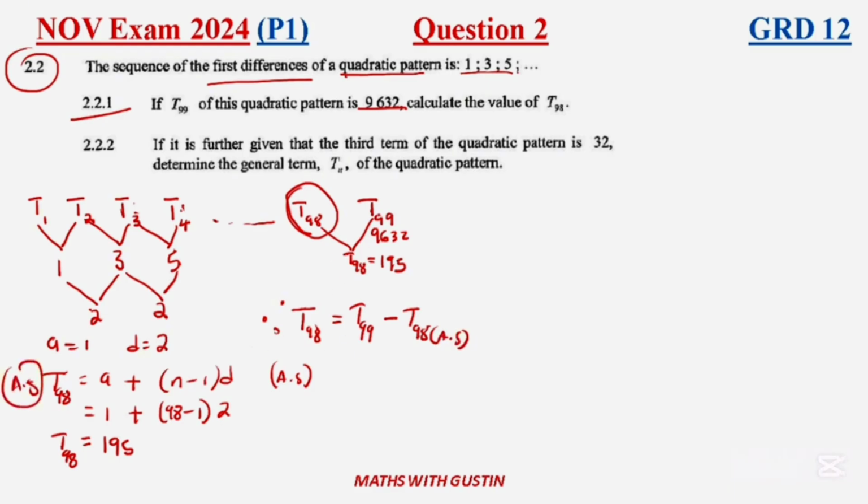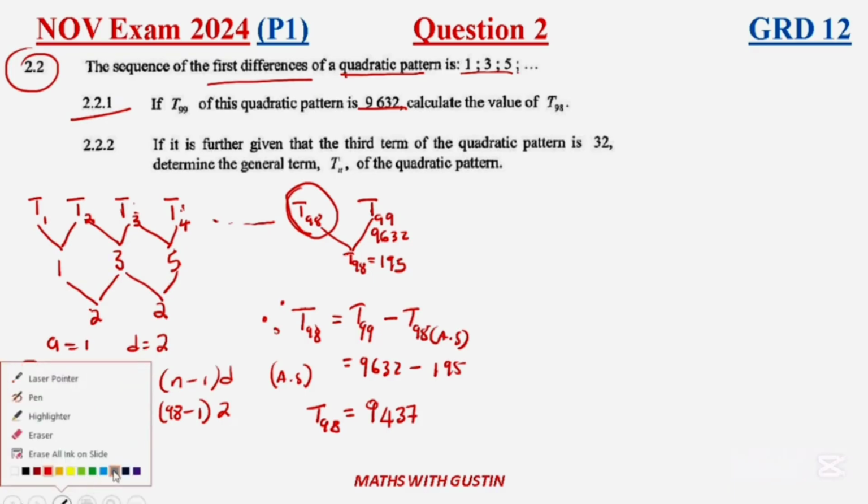Don't get confused between these two, guys. Don't get confused at all. All right, so T99 is going to be 9632 minus the one for arithmetic, which is 195. Therefore it gives us T98 for the quadratic, I'm getting 9437. Okay, great stuff. And that's how you would deal with a question like this one, guys.